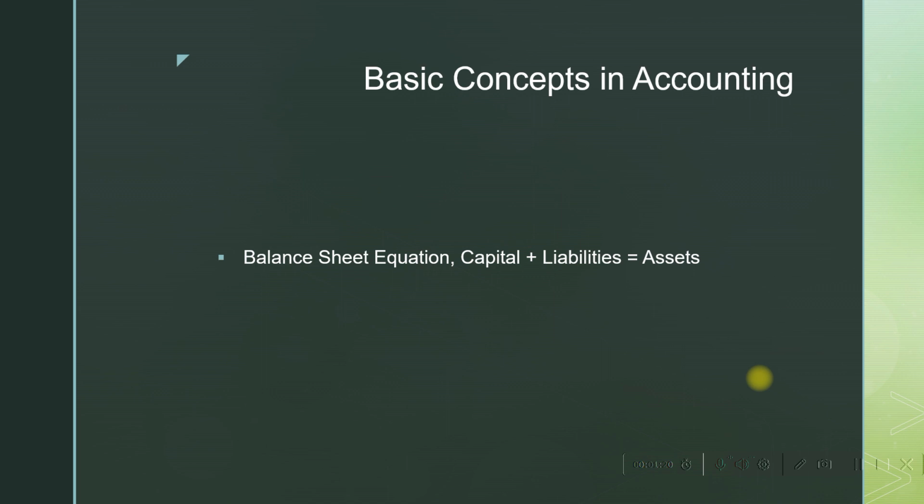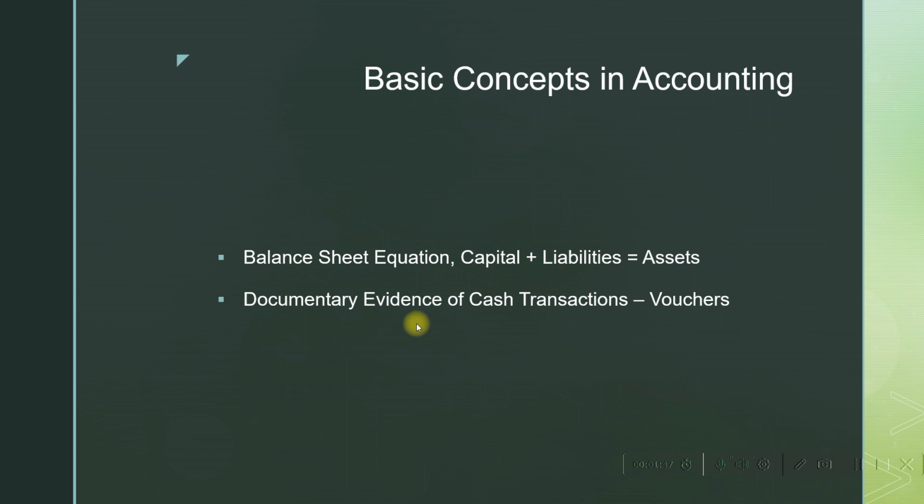So for the assets which are sourced by the proprietors is actually capital, and if it is outside persons, it becomes a liability. Hence, the total assets of a business entity should always equal to its capital plus its liabilities, which is represented by this equation: capital plus liabilities is equal to assets.